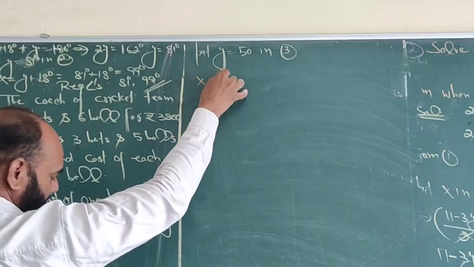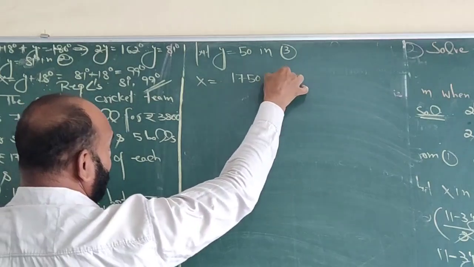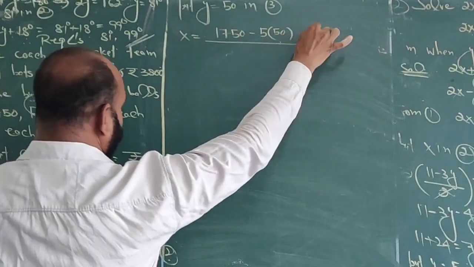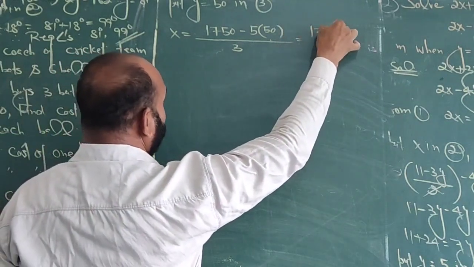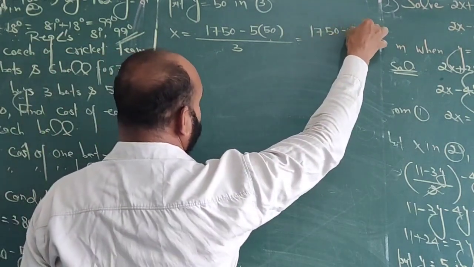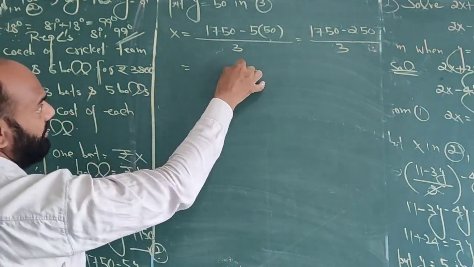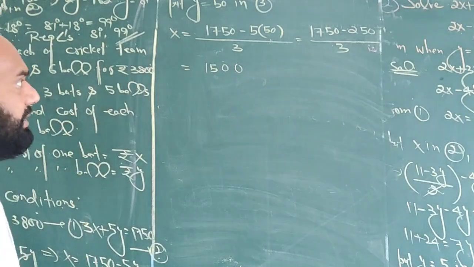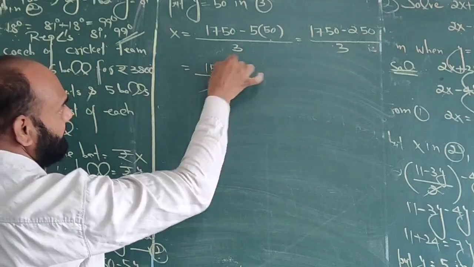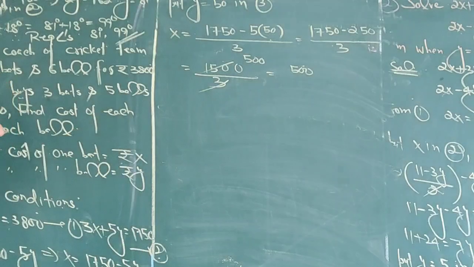Therefore x is equal to (1750 minus 5 multiplied by 50) divided by 3, which is equal to (1750 minus 250) upon 3, which is 1500 upon 3, and this is equal to 500. So we get the value of x is 500 and the value of y is 50.